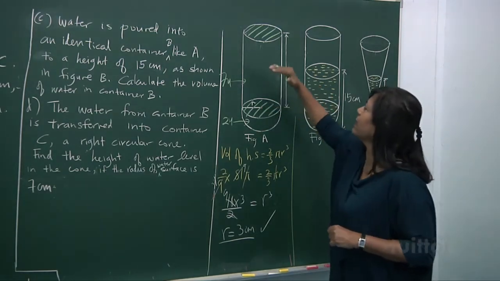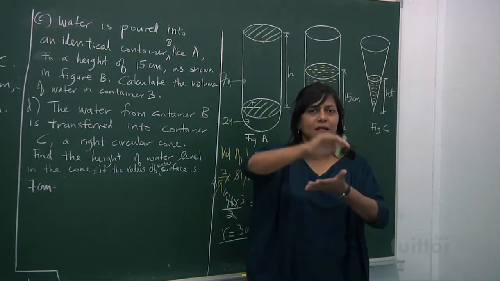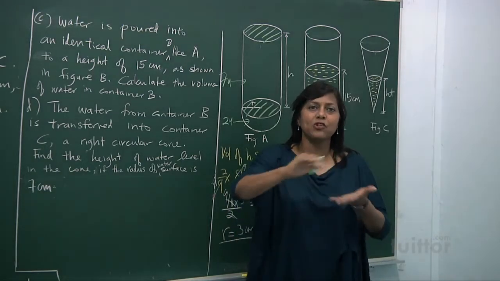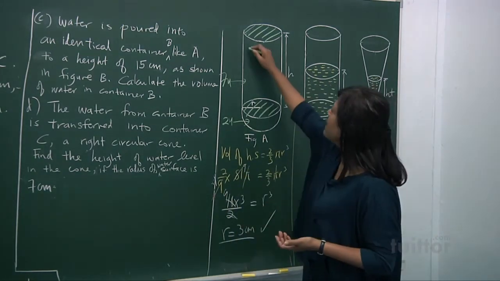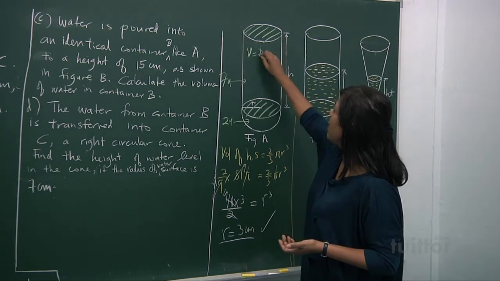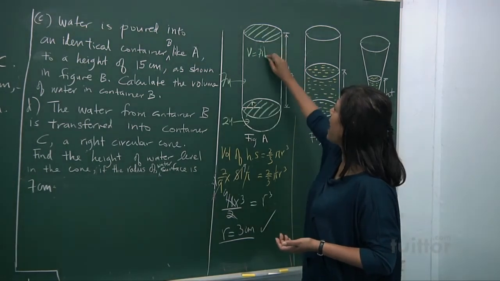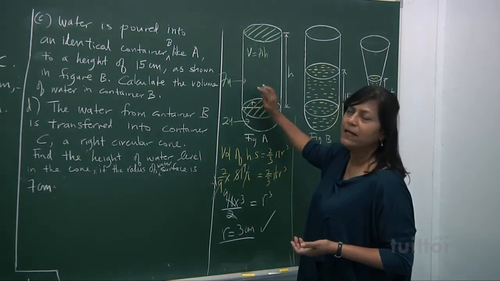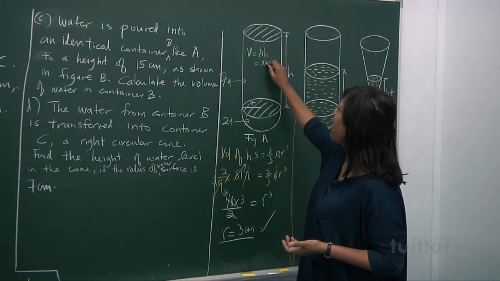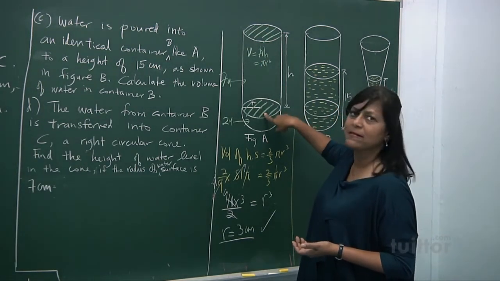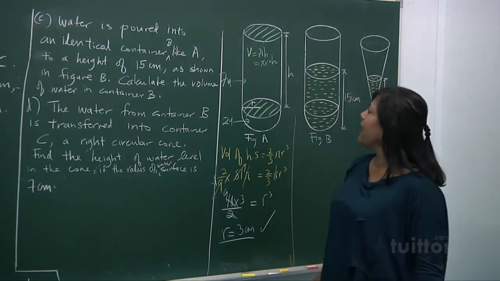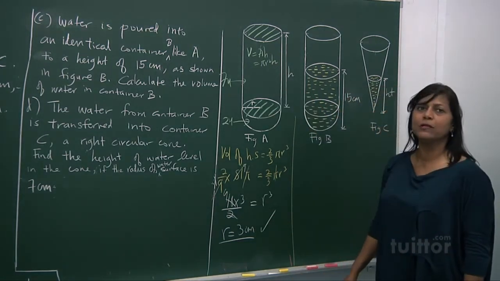If I cut, I get the same cylinder. Alright, the same shape, the circle. So in a prism, it is area of the base times the height. I'm just talking about the cylinder. In this case, it's pi r squared, the base, times the height. And what is this volume equal to?